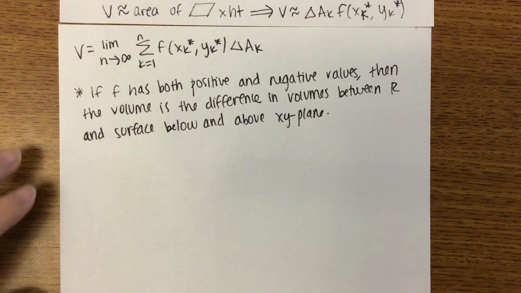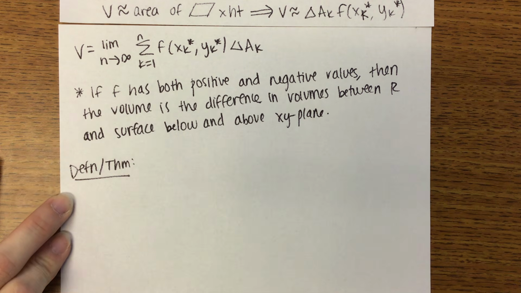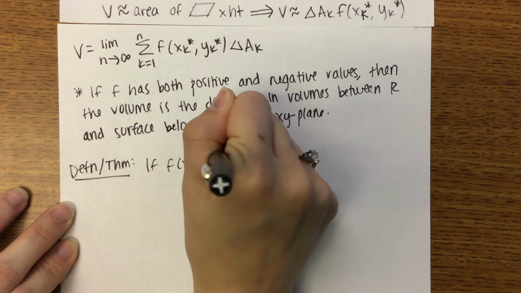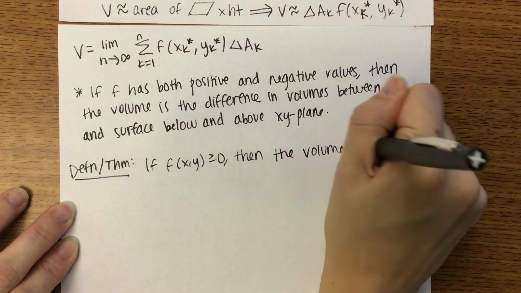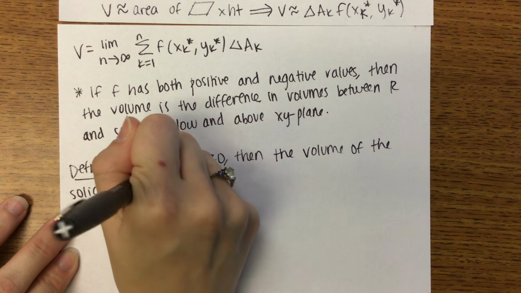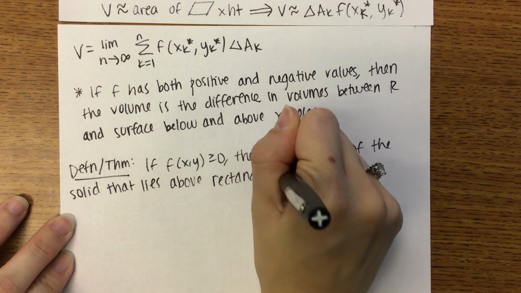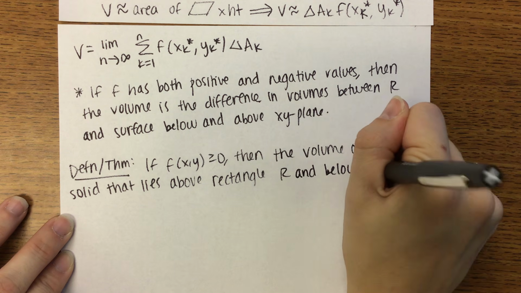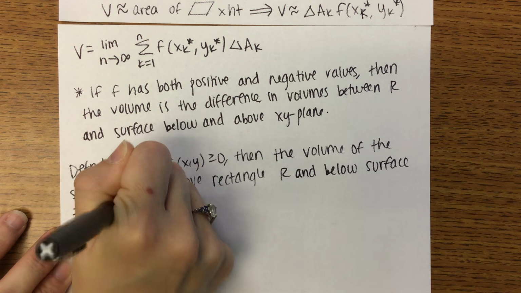Okay, so that is leading us to a definition or a theorem. If f of xy is greater than or equal to 0, then the volume of the solid that lies above the rectangle R and below the surface z equals f of xy is the following.